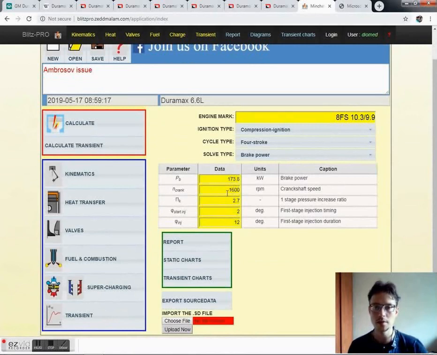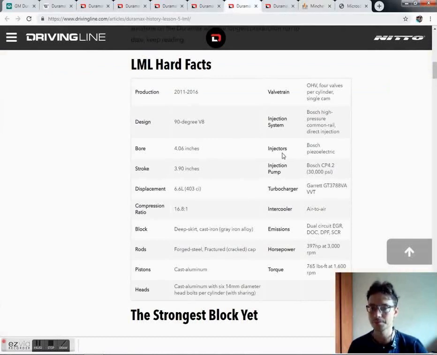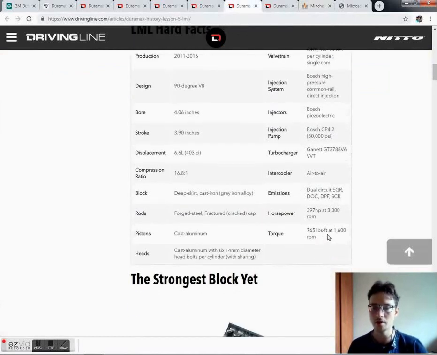The crank revolution is 1600 rpm, and the brake power is 173.8 kilowatts. It refers to this data, 765 pounds per foot.